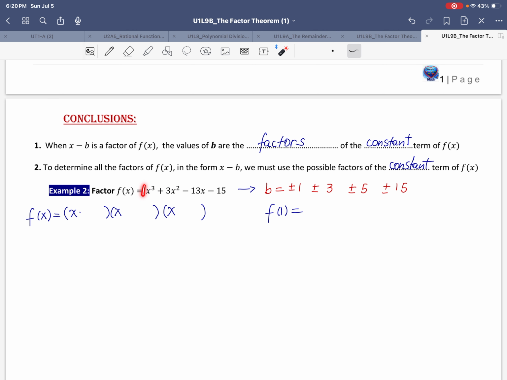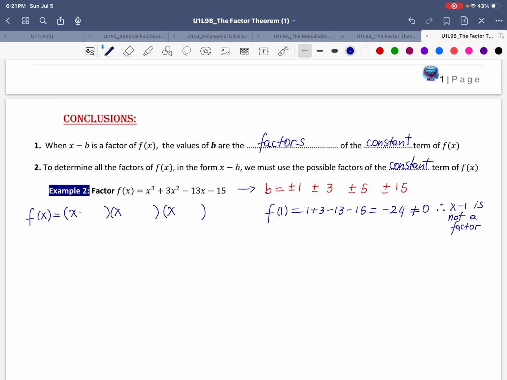So you simply add the coefficients: 1 plus 3 minus 13 minus 15. 1 plus 3 is 4, minus 13, minus 15, would be equal to -24. So that's different than 0. Therefore, x minus 1 is not a factor.